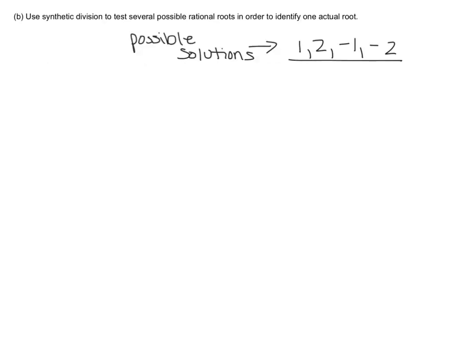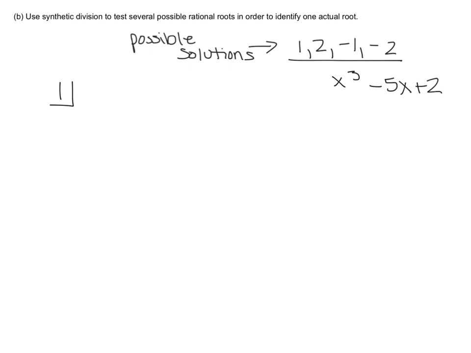Part B. Use synthetic division to test several possible rational roots in order to identify one actual root. So my possible solutions were 1, 2, negative 1, and negative 2. So I'm going to use synthetic division to test each of these roots. First I'll test 1. And my problem was x cubed minus 5x plus 2.